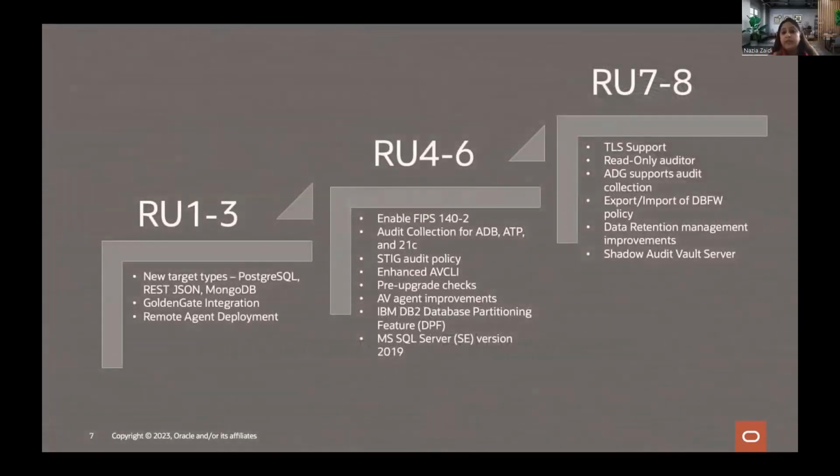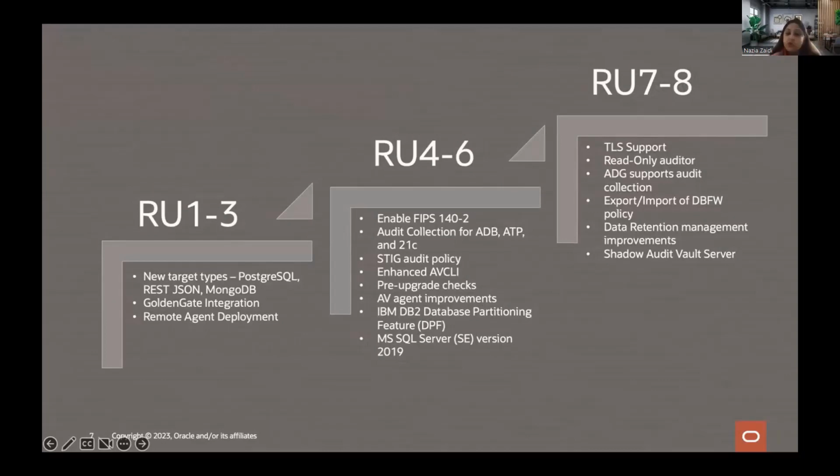Some of the enhancements I would like to talk about, up to RU8, for example. When we released RU1, or the major release of AVDF 20, we started with adding new targets like auditing for Postgres, REST, JSON, MongoDB, etc. For before and after values, we moved from Oracle Streams to the GoldenGate integration type.